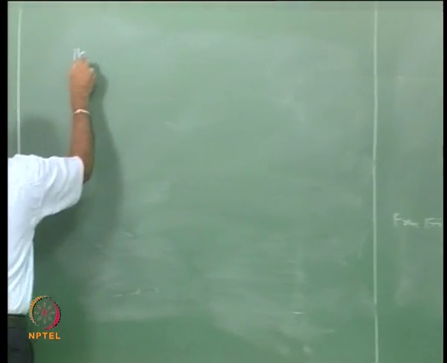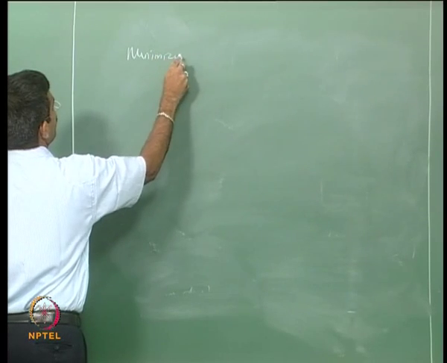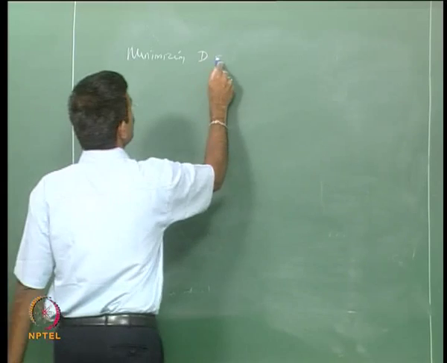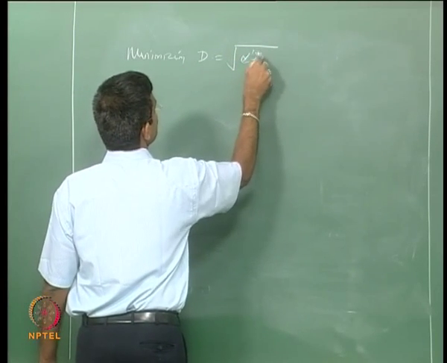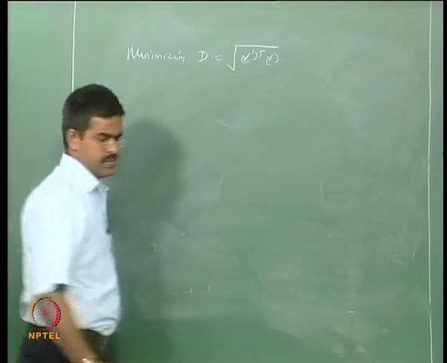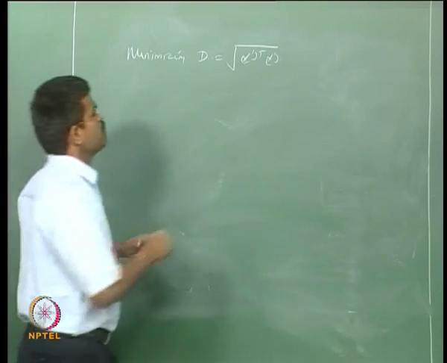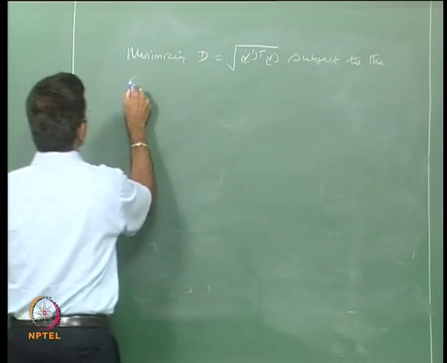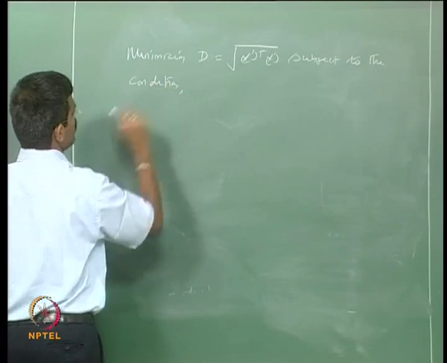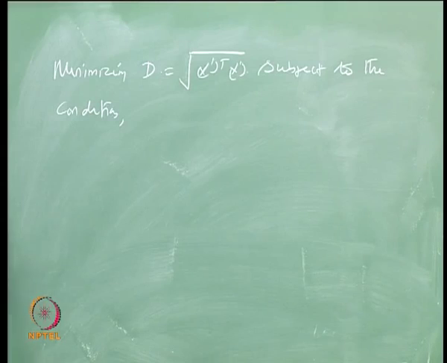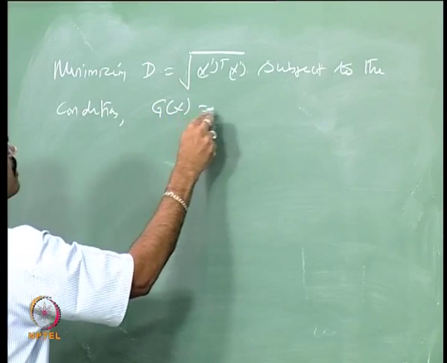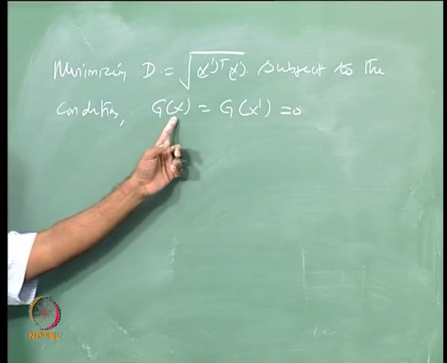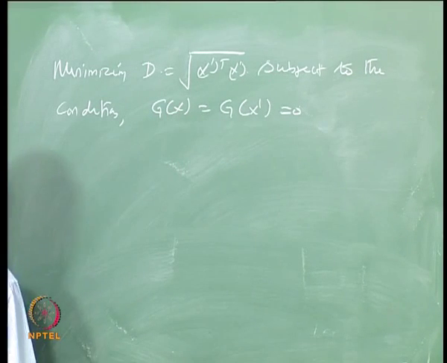So, minimizing d, which is equal to square root of x dash transpose x dash, subject to the condition g of x, that is g of x dash, is equal to 0, because I am transforming the coordinates from x to x dash. That is what we are doing in advanced methods.